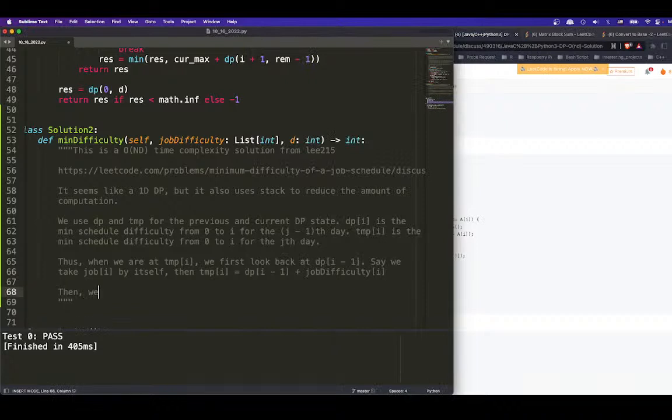And then we consider whether it is possible to group job I with any of the previous jobs. Right.